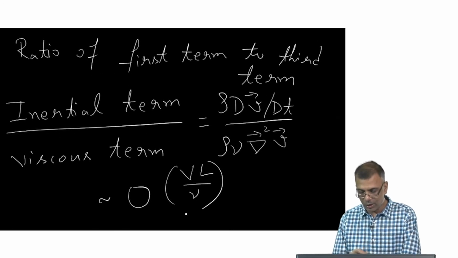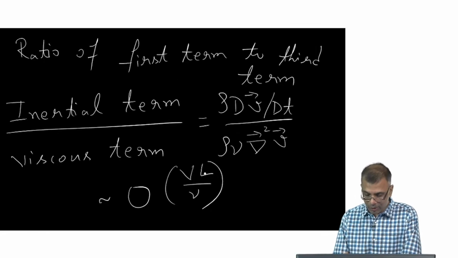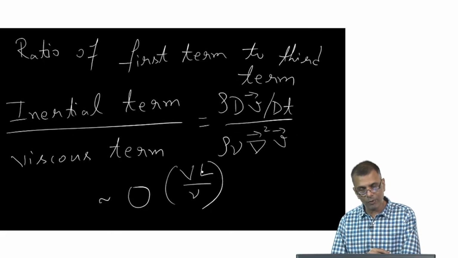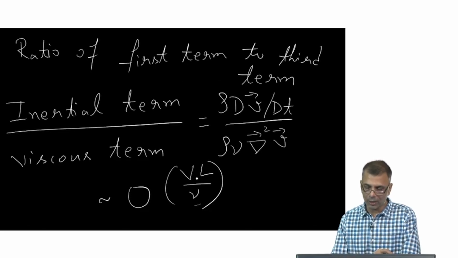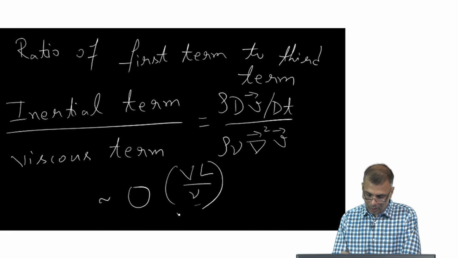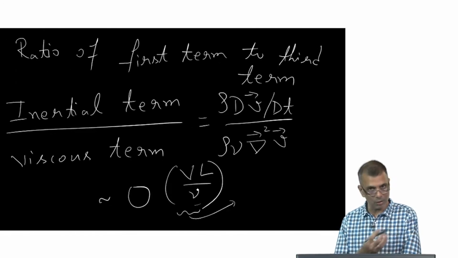This is some characteristic velocity in the fluid times some characteristic length scale of the flow, and nu is the coefficient of kinematic viscosity. This term is another dimensionless number. You can verify that the dimensions are 0.